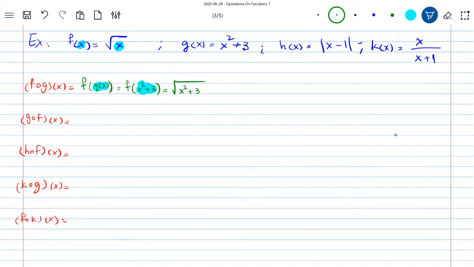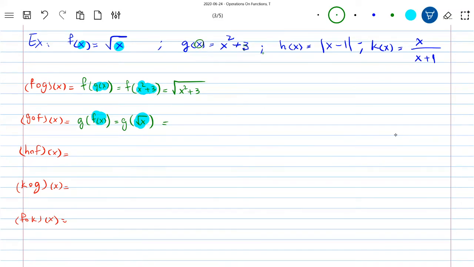How about the g of f function? It is the other way around. It is g of f of x. So now what is the input? It is the f of x function. Instead of f of x, I can replace square root of x, because f of x is square root of x. Now where does square root of x go? It goes into the g function.